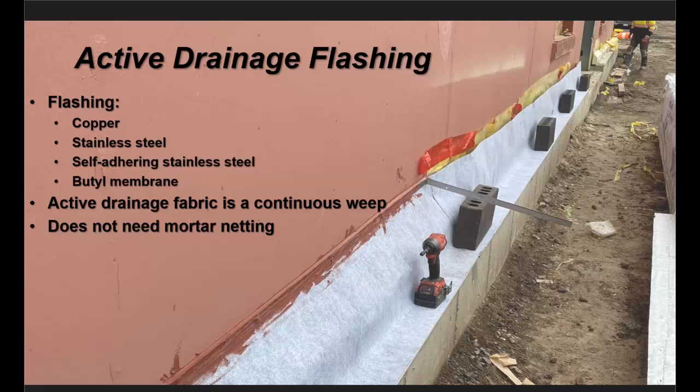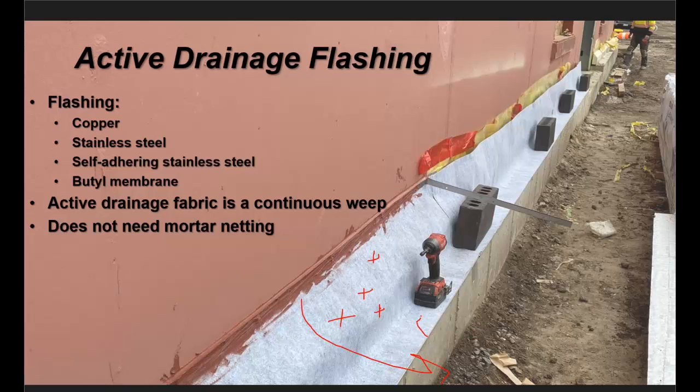How the product comes is there's a fuzzy felt-like drainage fabric on the face. This is what brings in that active component. Anywhere water hits your flashing now is actively wicked and drained out of the wall.